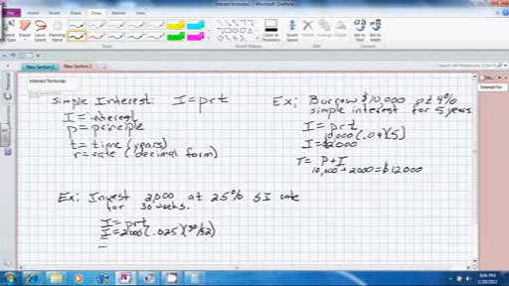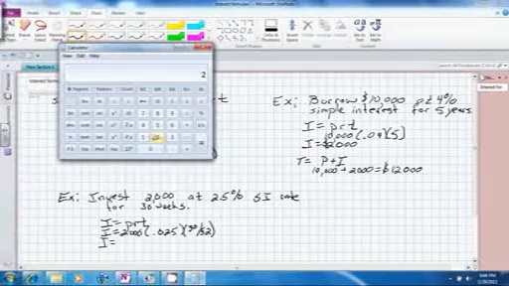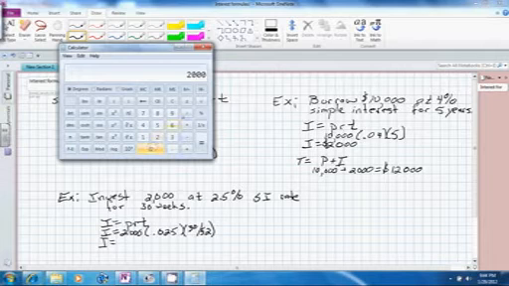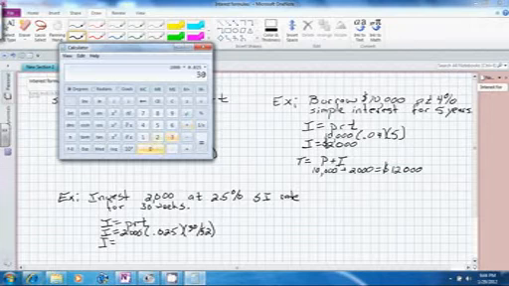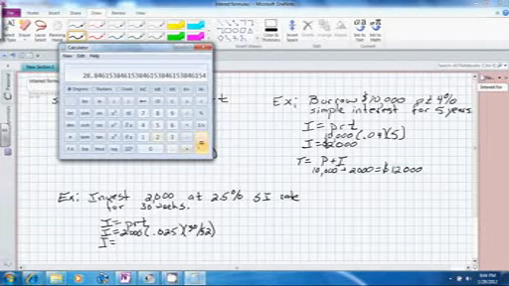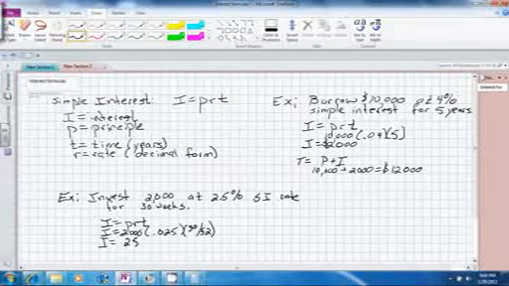Okay, so we type this into our calculator. We have 2,000 times 0.025 times 30 over 52, which gives us $28.85. It's money, so we got to round appropriately.